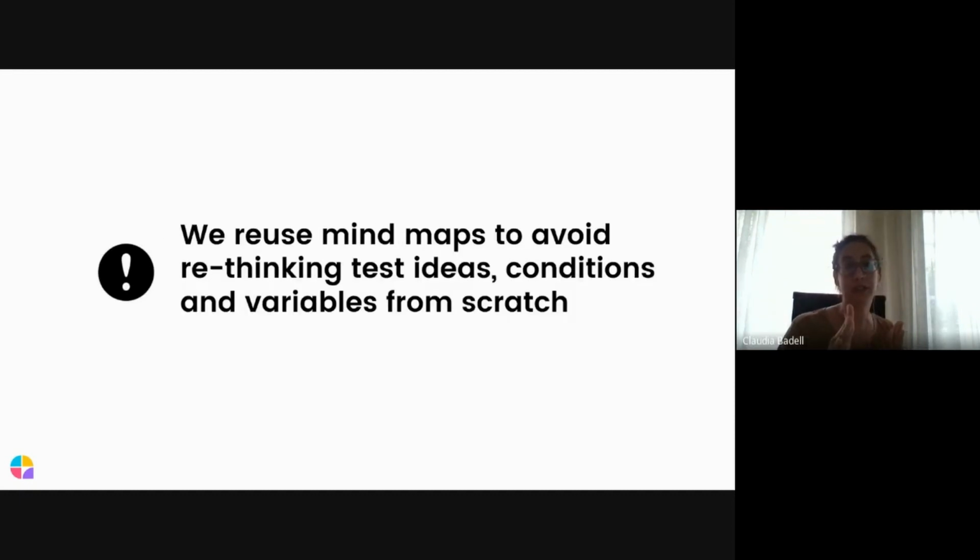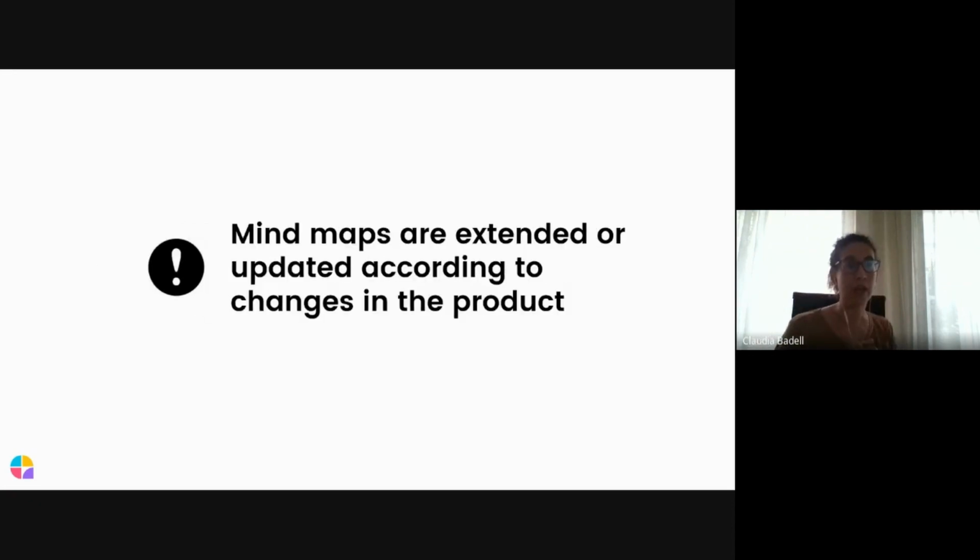Through the different testing cycles, we reuse the mind map, so we don't have to rethink test ideas or conditions and variables every time from scratch. We reuse that knowledge in the team when performing regression testing, and also when we are extending the behavior of a functionality in our system. That means that we extend or update our feature mind maps to reflect the changes in the product.